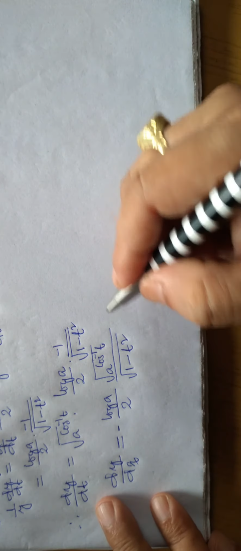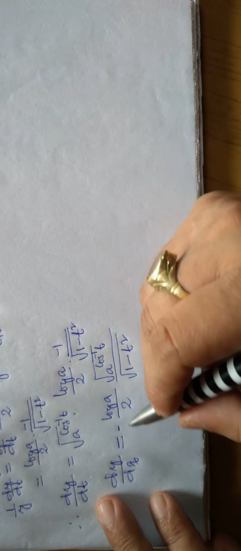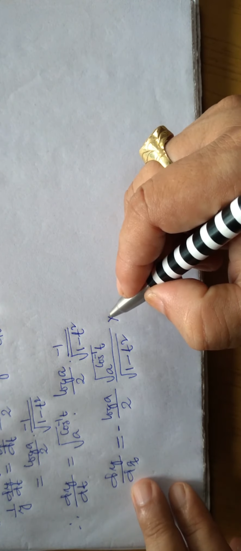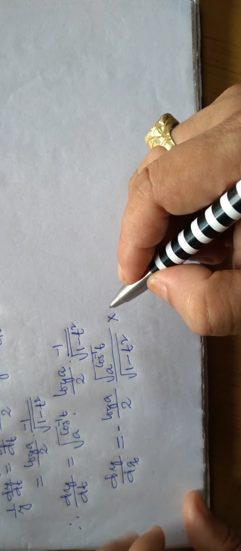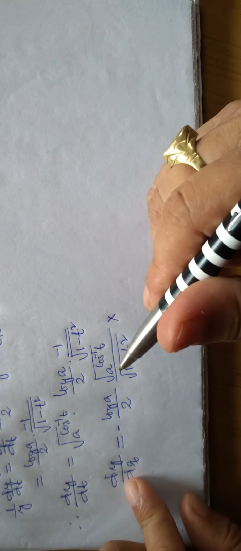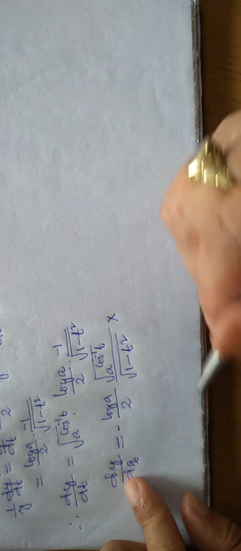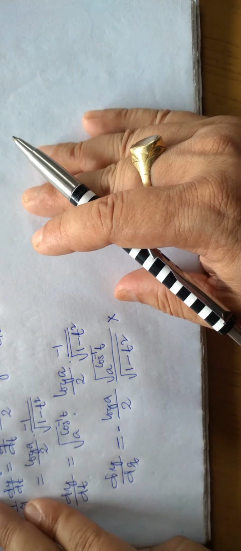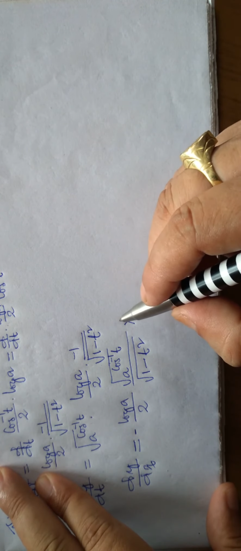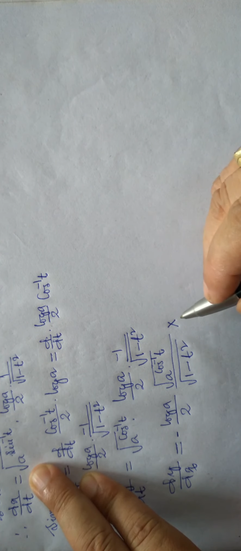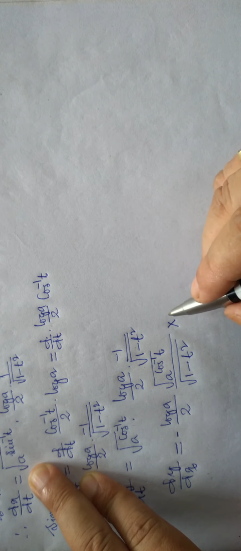When the divide changes into multiply, we are going to write the reciprocal of the same. Basically we knew that dx by dt, I'm going to write it over here, okay?